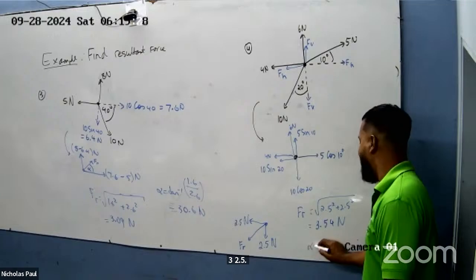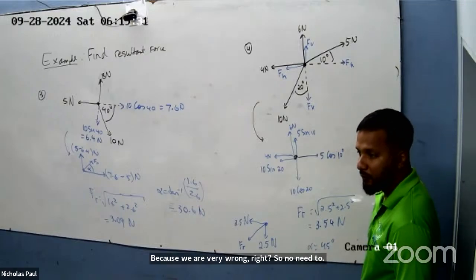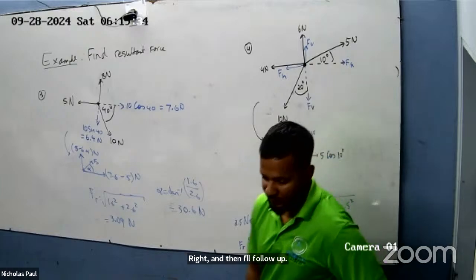And then alpha will be how much? 45, because it's even on both sides.